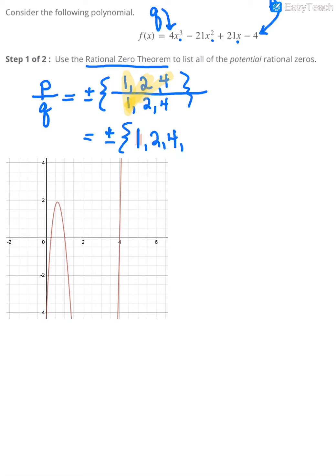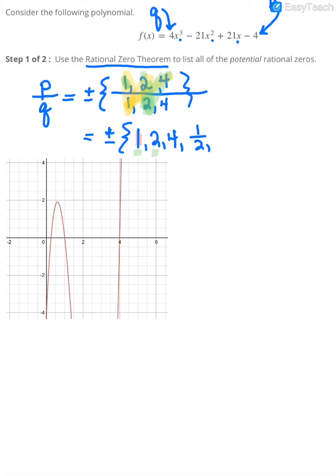Then I'm going to go back and I'm going to put every number over 2. So when I do 1 over 2, that would be a half. When I put 2 over 2, that would reduce to 1, and I already have 1 listed, so don't list it again. When I do 4 over 2, that would reduce to a 2, so don't list that again.